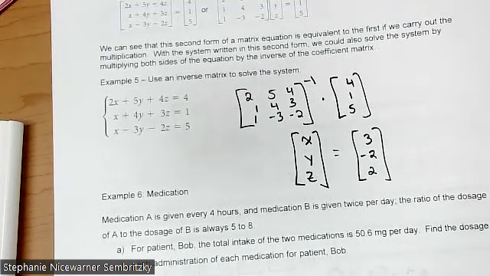Okay, so we have an example with medication. Medication A is given every 4 hours. Medication B is given twice a day. The ratio of the dosage of A to dosage of B is always 5 to 8.